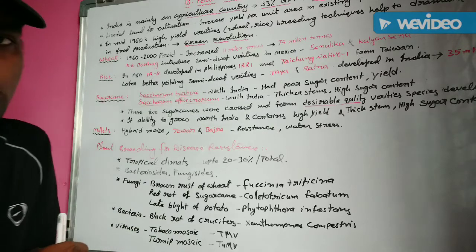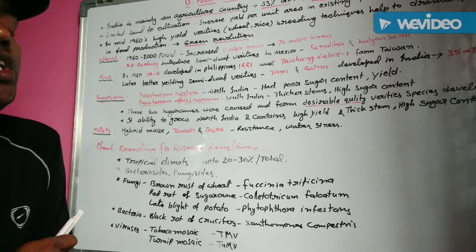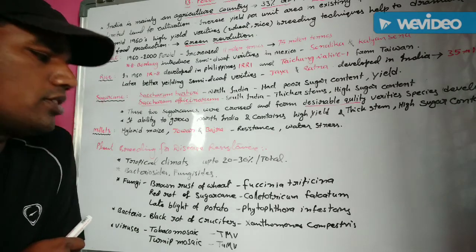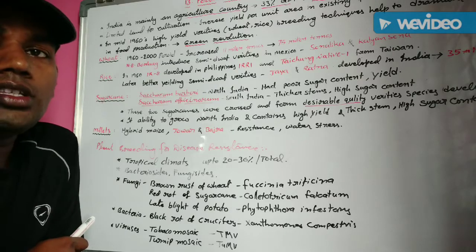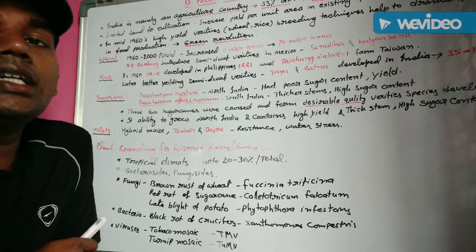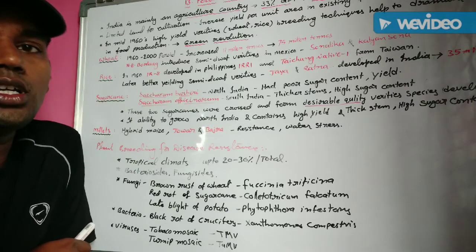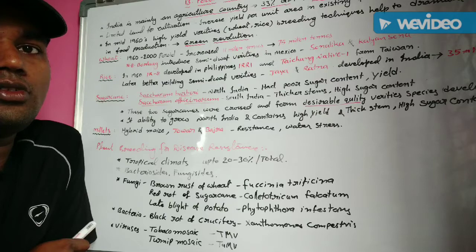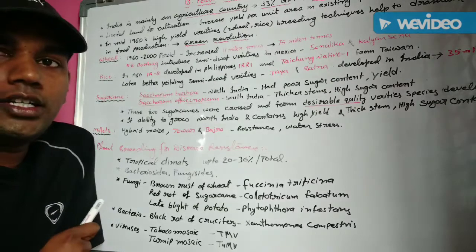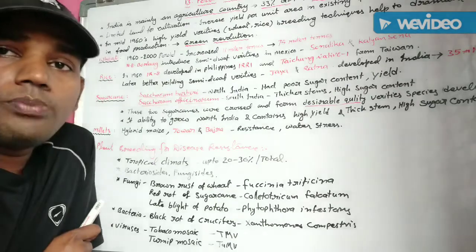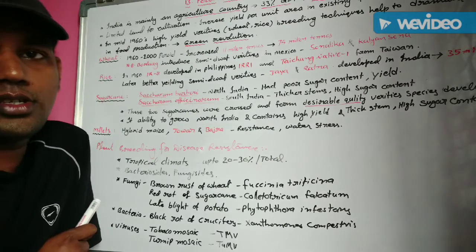So tropical climates are especially damaging because of some pathogens. Up to 20 to 30% of the yield is decreased. Sometimes, because of these tropical diseases, the entire crop is destroyed.